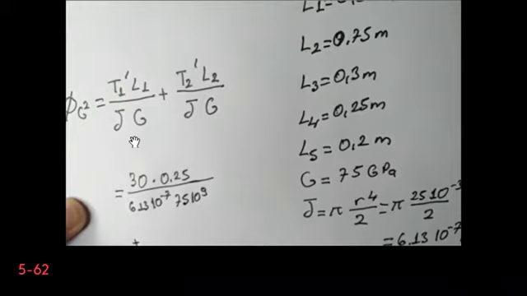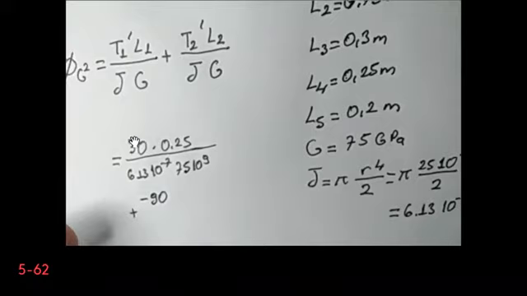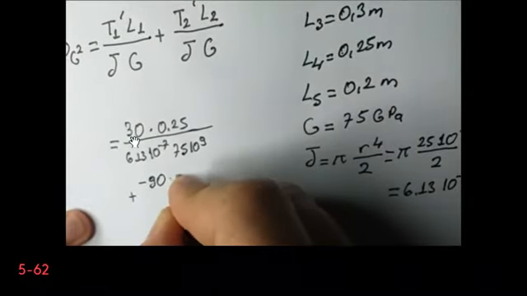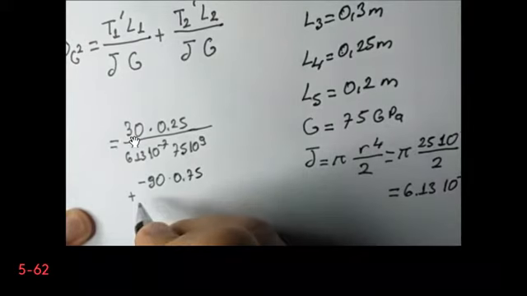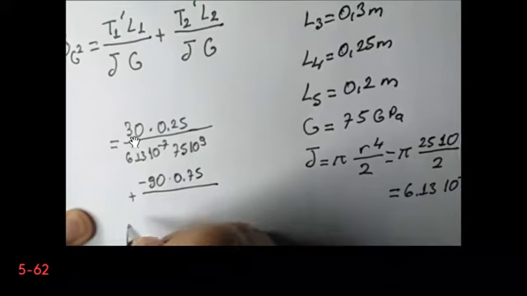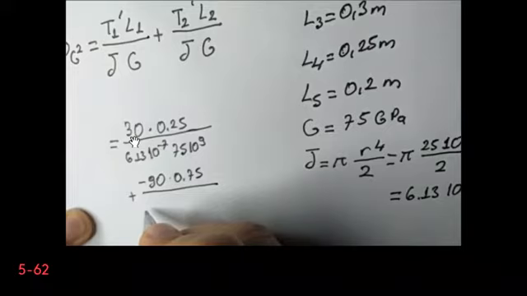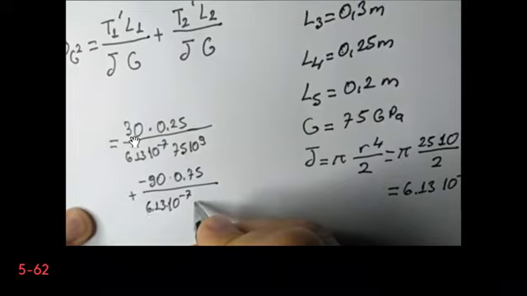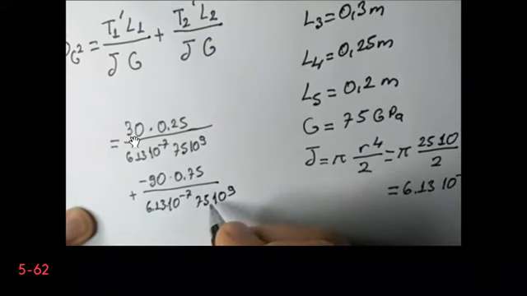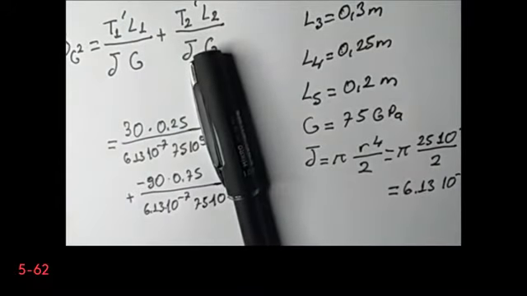Now T2 is negative, minus 90 multiplied by 0.75 divided by 6.13 10 to the power minus 7 multiplied by 75 10 to the power 9. Okay, this is our relative angle of twist.